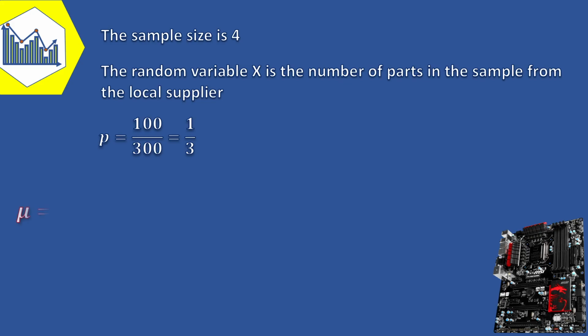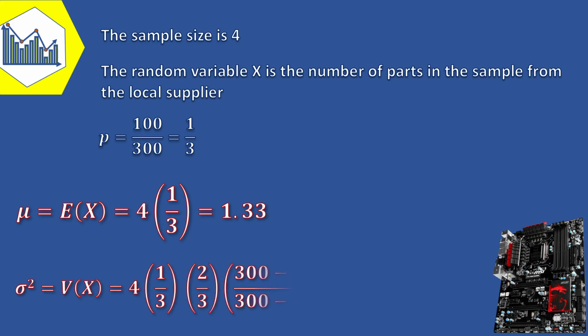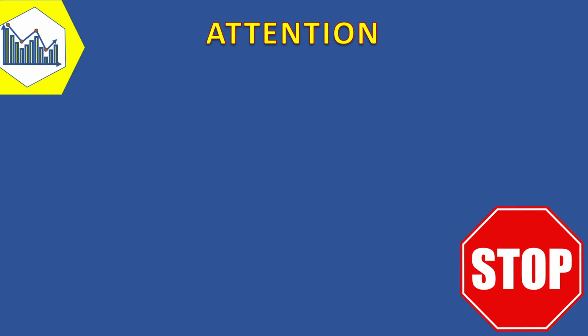Therefore, the expected value is equal to 4 times 100 over 300, and that is equal to 1.33. And its variance is equal to 4 times 1/3 times 2/3 times 300 minus 4 over 299, and that is equal to 0.88. But before wrapping up the video, please pay attention to this point.